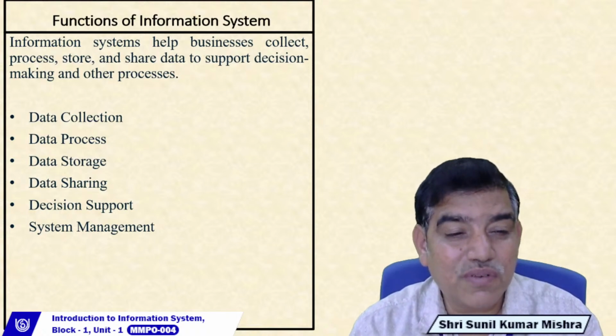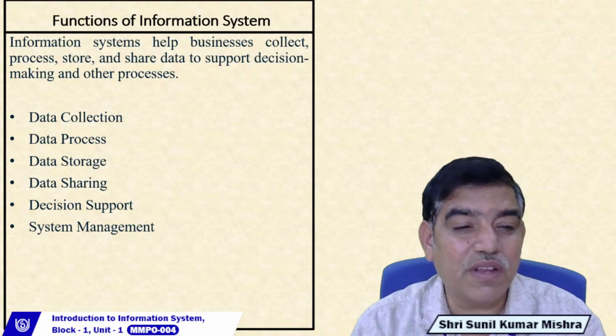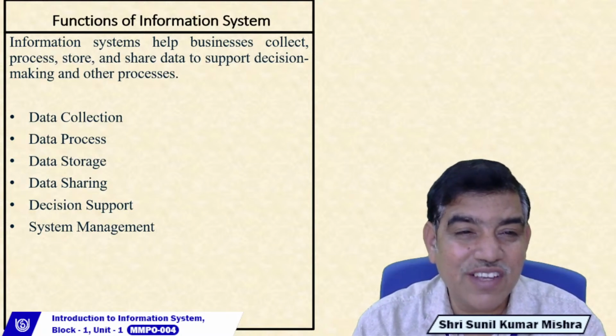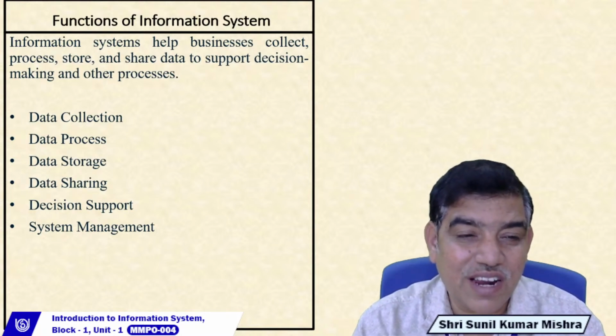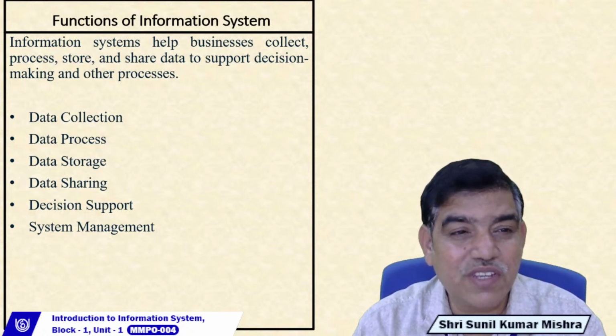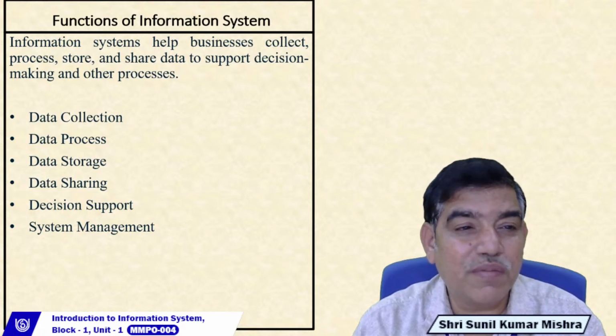Then decision support is taken by the users. Then the final one is system management, how the data will be managed in the organization, in the database, in the machine. So these are the major functions of information system.